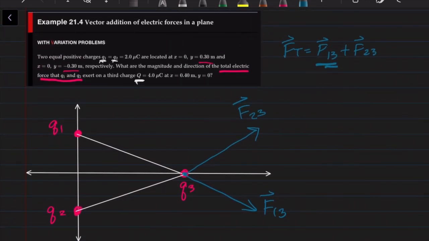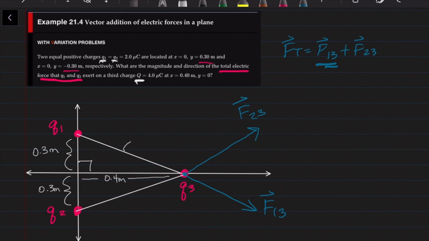Let's go back and fill in some blanks here, right? This distance here is 0.3 meters, okay? This distance here is 0.4 meters. And the distance between 1 and 3 is going to be the hypotenuse of this right triangle right here.